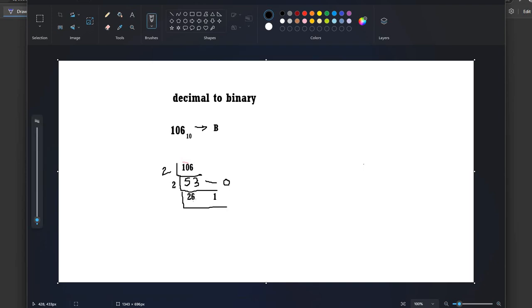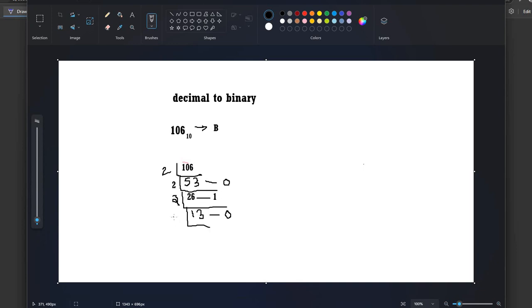we have to divide it until we get 0 over here. We divide until we get 0. So we'll divide it again by 2. 2 1s are 2, 2 3s are 6, so the remainder will be 0. These are the remainders we are recording.